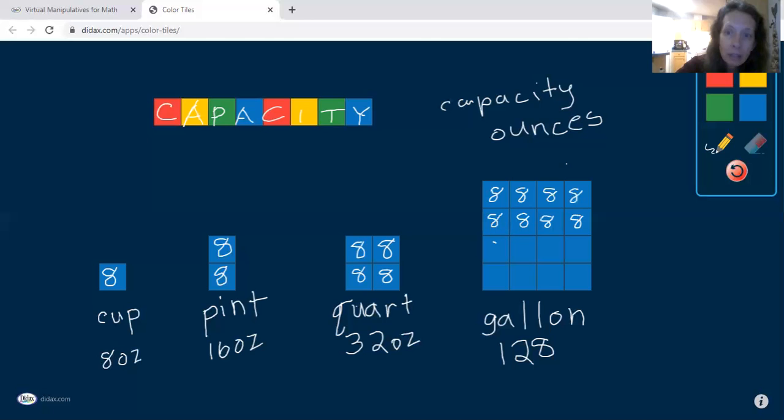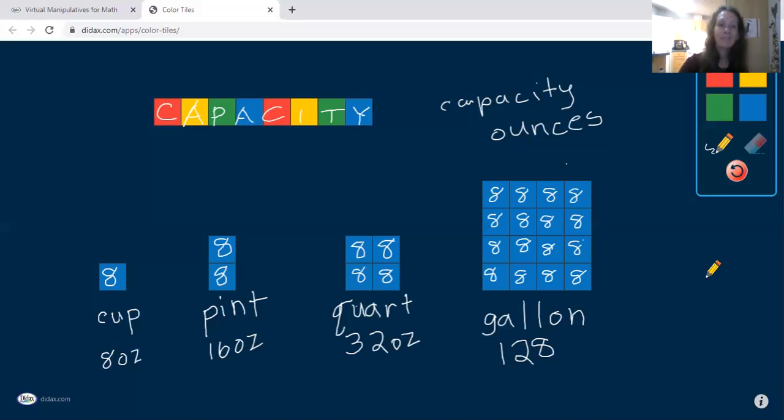Goodness sakes, plus 8 ounces plus 8 ounces. Help me out here, people. Plus 8 ounces plus 8 ounces plus 8 ounces. All right, look at that.